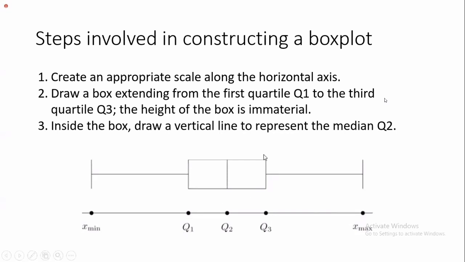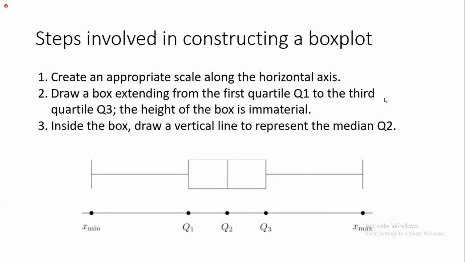Q1 is first quartile, Q3 is third quartile. And the height of the box is immaterial. You can take any height for this box. Now inside the box, you have to draw a vertical line to represent its median. So it's very simple to draw a box plot.